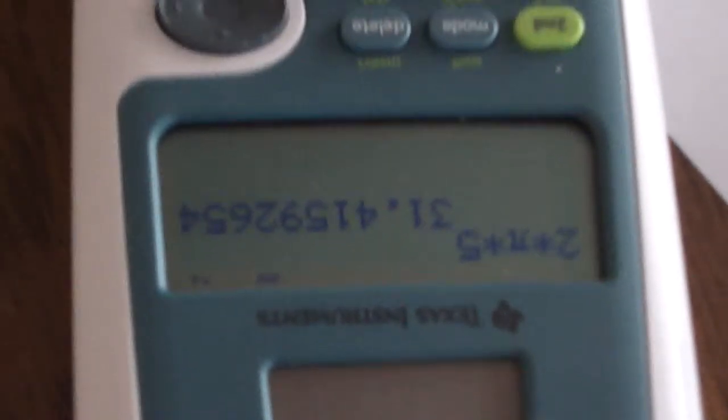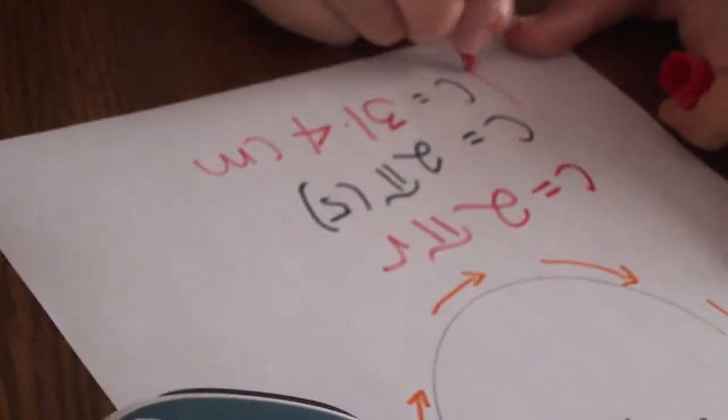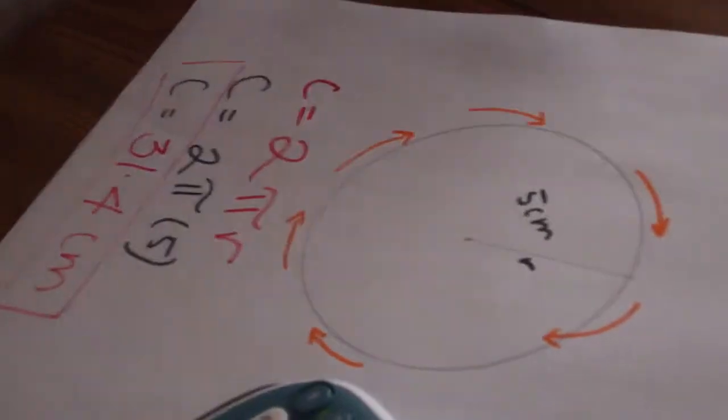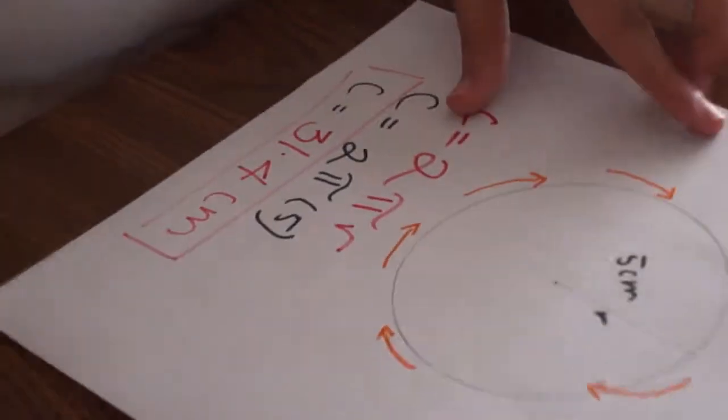And this is of course in centimeters. This is basically how you use a protractor.